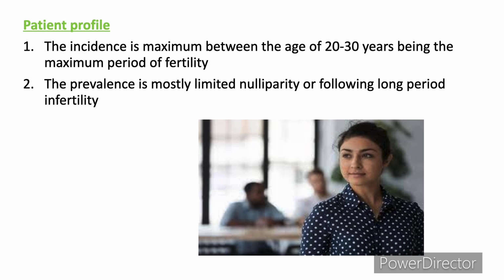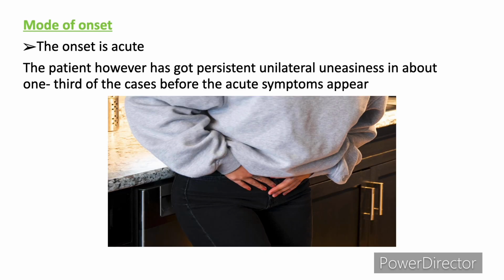Patient profile. The incidence is maximum between the age of 20 to 30 years, being the maximum period of fertility. The prevalence is mostly limited to nulliparity or following long period of infertility. Mode of onset. The onset is acute. The patient, however, has persistent unilateral uneasiness in about one-third of cases before the acute symptoms appear.